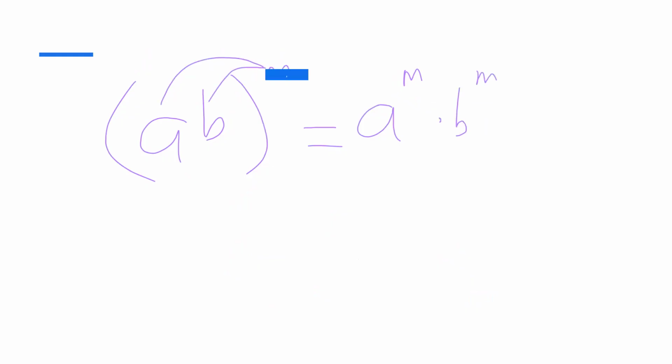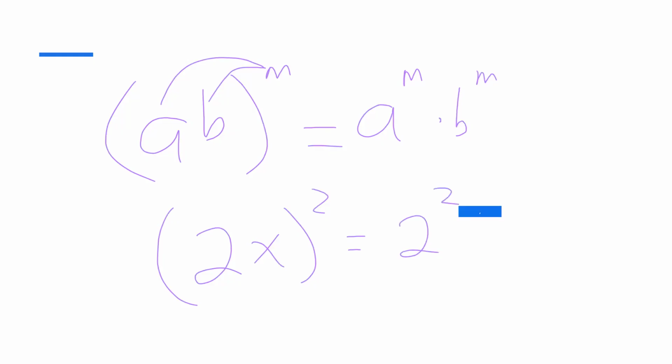Which means if you have 2x raised to the power 2, you're going to have 2 raised to the power 2, x raised to the power 2, like that. 2 raised to the power 2 is 4, so 4x squared. So that's the idea behind these.